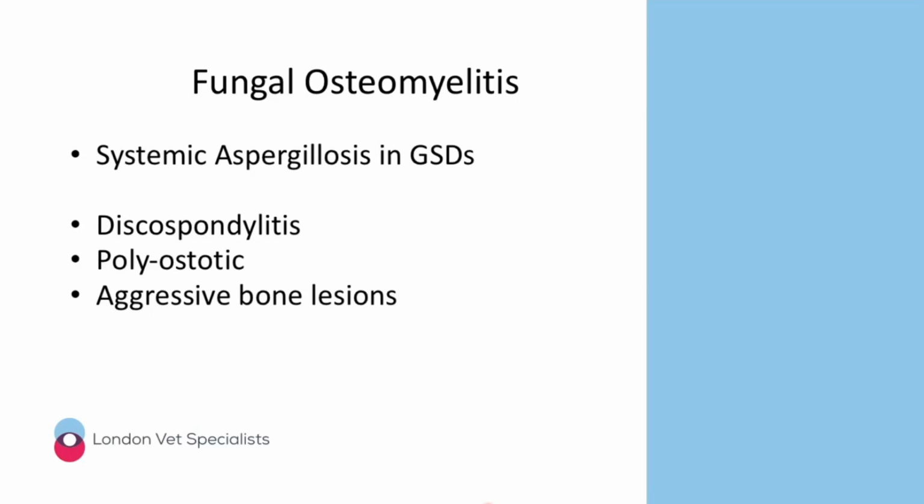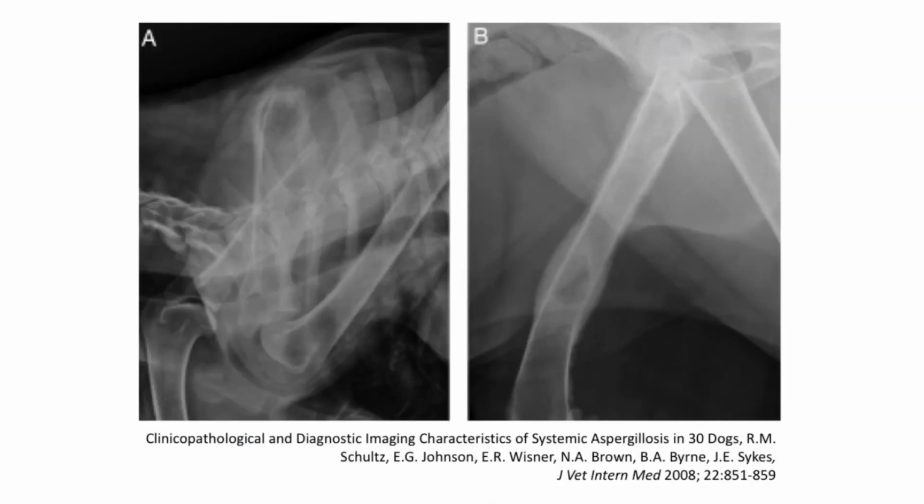So here are some images taken from a paper that was published in the Journal of Veterinary Internal Medicine back in 2008. And hopefully you can appreciate that this patient certainly has evidence of multiple aggressive bone lesions, so polyostotic aggressive bone disease.